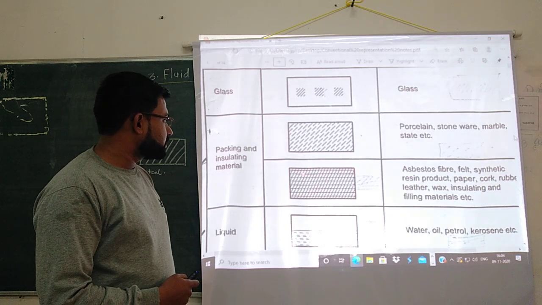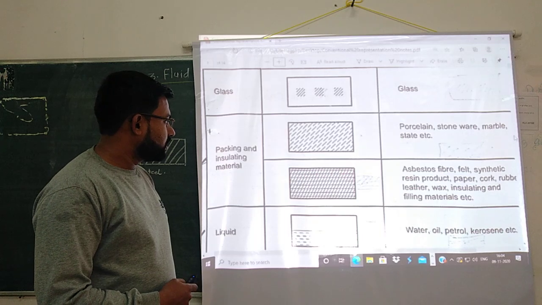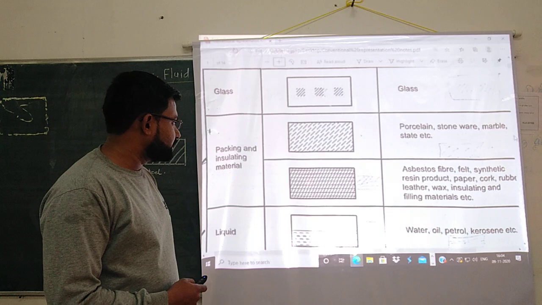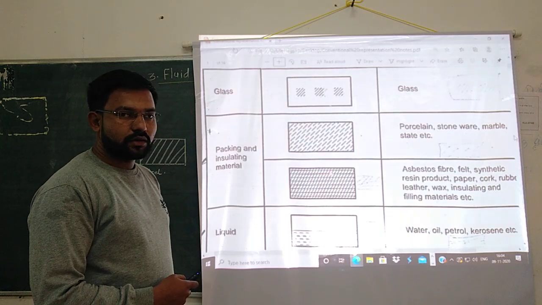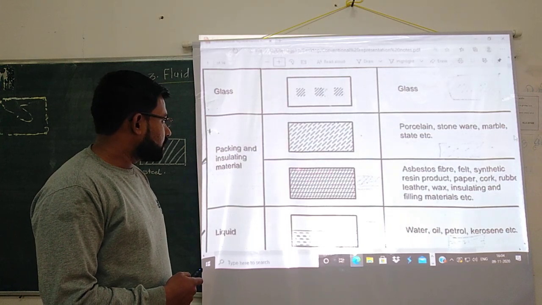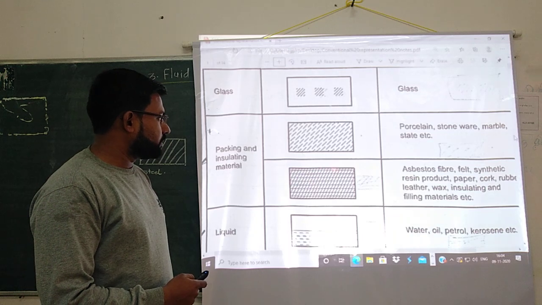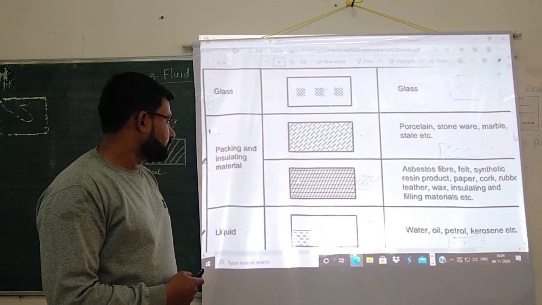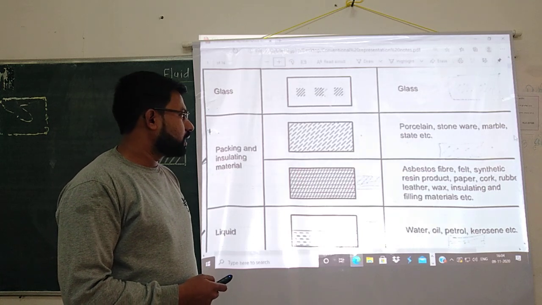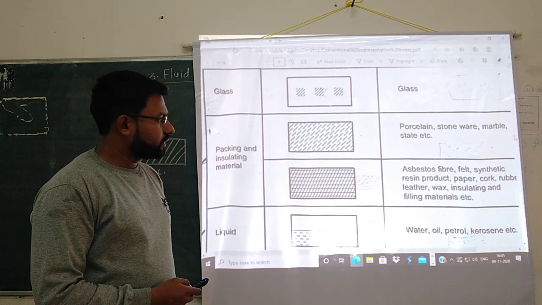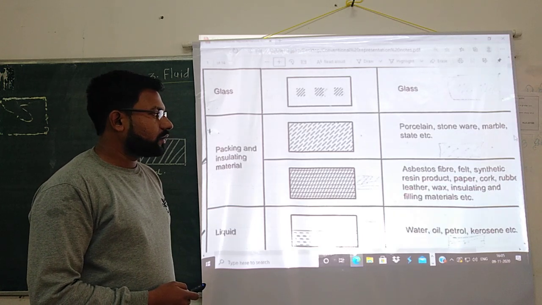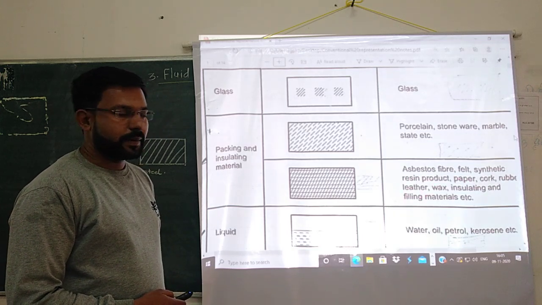In that rectangle first draw horizontal lines which are equispaced, so the distance between two lines remains constant. Then draw lines inclined approximately at 45 degrees towards the left. This will represent asbestos fiber, felt, synthetic resin product, paper, cork, leather, wax, insulating and filling material.